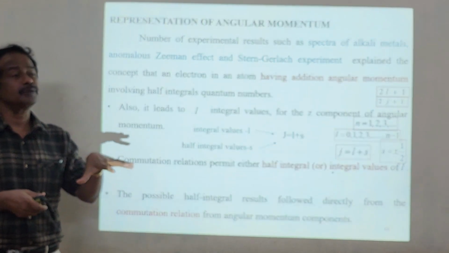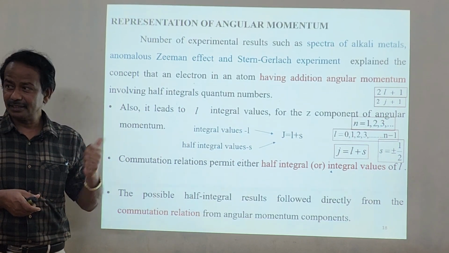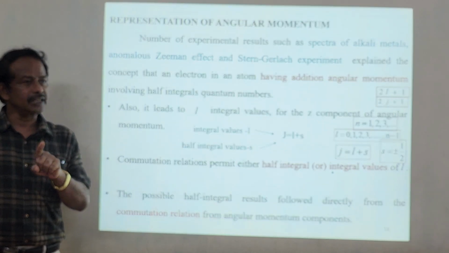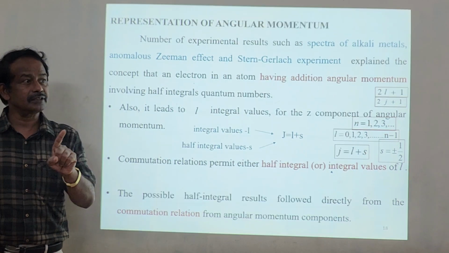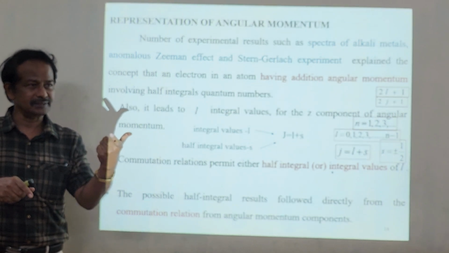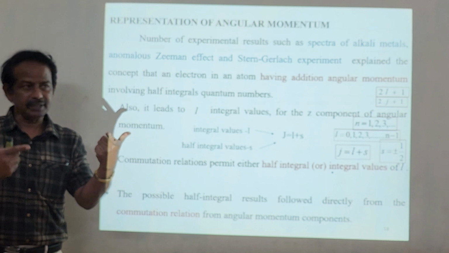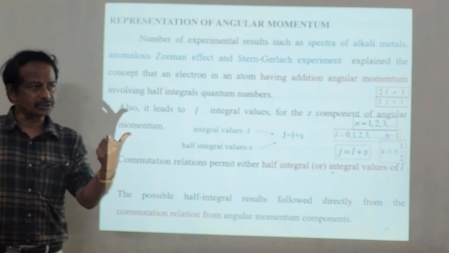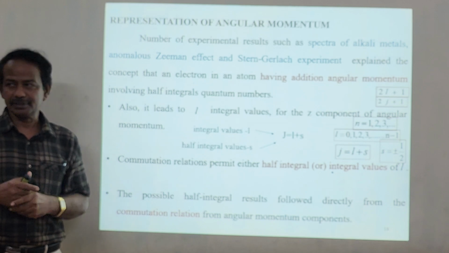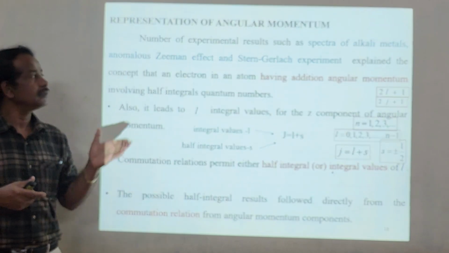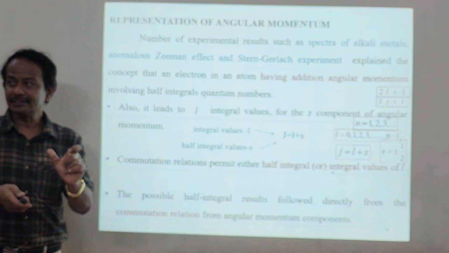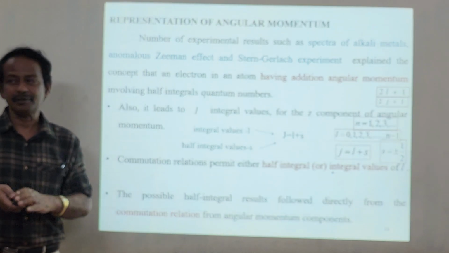As I said earlier, with 2L plus 1, if L equals 0, 1, 2, you will get an odd number of components: 1, 3, 5, 7 and so on. But if you have an even number of components in the abnormal Zeeman effect, we have to go with half integral numbers.